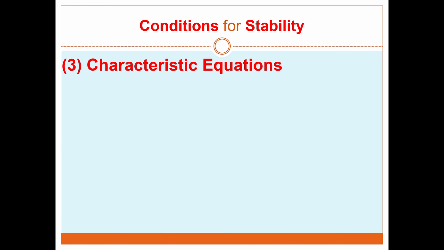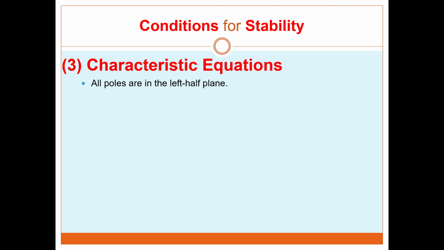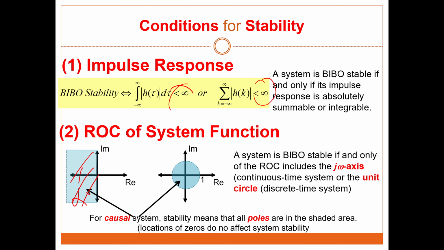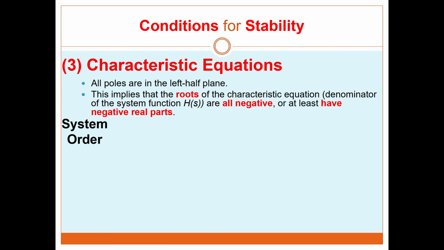And the third one is the characteristic equation. If all poles are in the left half plane, like this one, so it's a stable system. This implies that the roots of the characteristic equation are all negative, or at least have negative real parts.